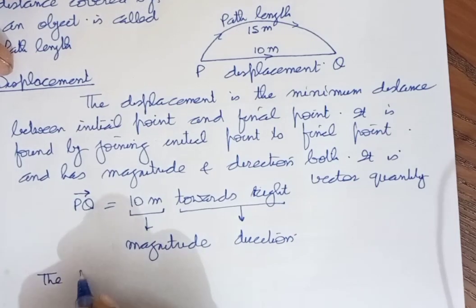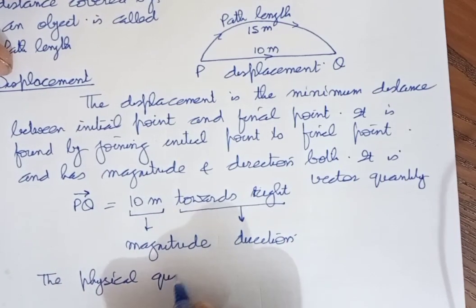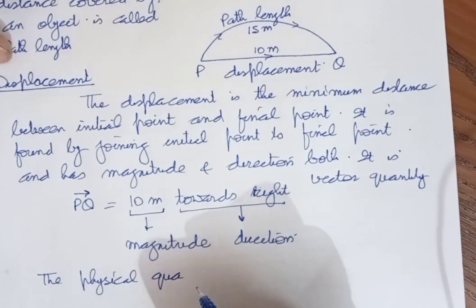So the physical quantity, what does it mean by physical quantity? Anything which can be measured is called a physical quantity, like weight, mass, density, temperature. Anything you can measure or perceive with your senses is a physical quantity.